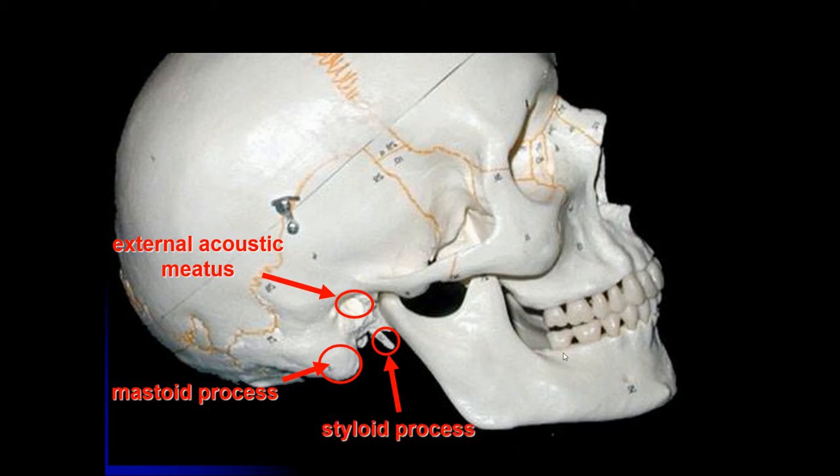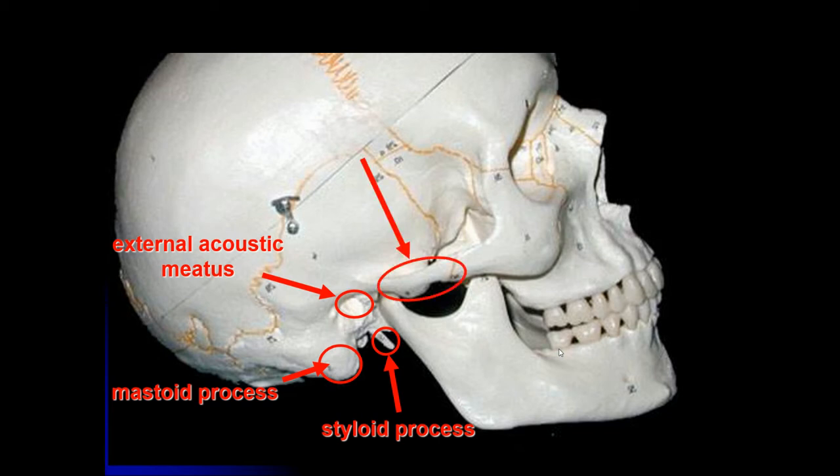You may remember from the upper appendage, we had the ulnar styloid process and the radial styloid process. So once again, if you say styloid process, you need to put the name of the bone after it. So this is the styloid process of the temporal bone.